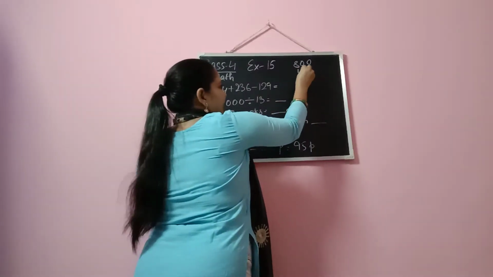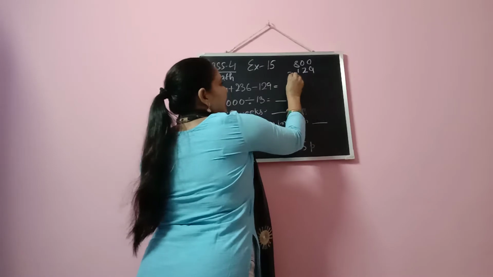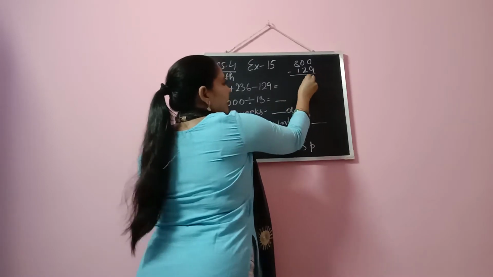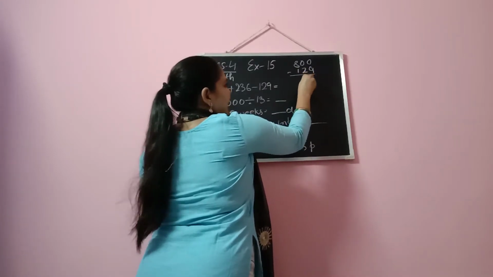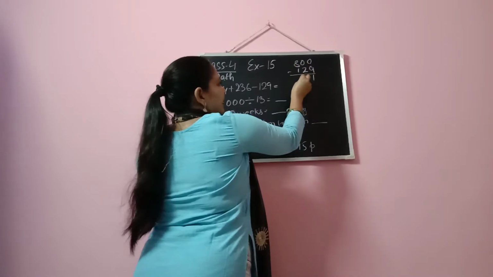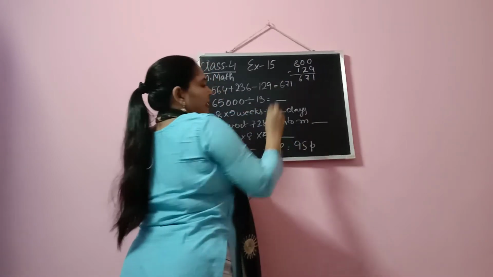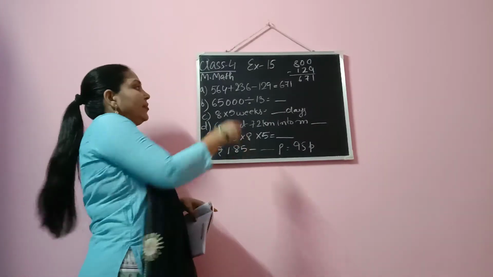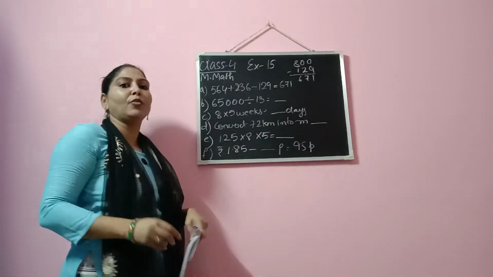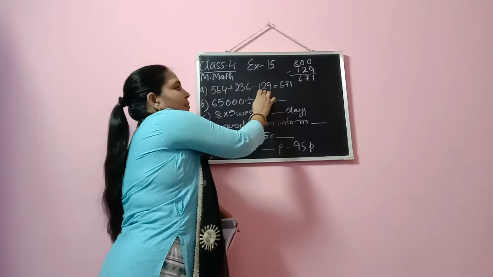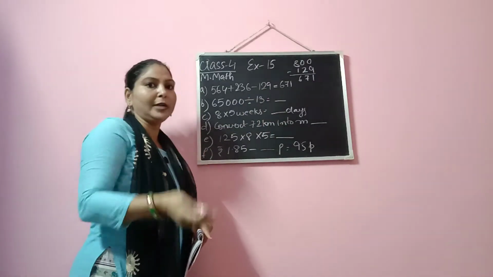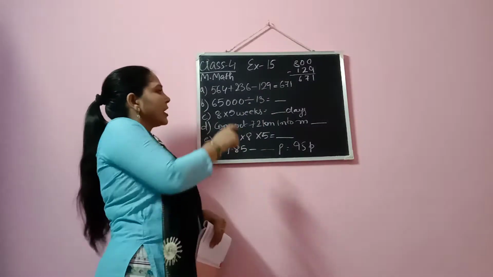And from 800 we will subtract 129. So what do we get? 1, over here again 7, and 7 minus 1 is 6. So the answer is 671. In this way we will find. First we will add these two numbers and whatever the sum comes, we will subtract 129.